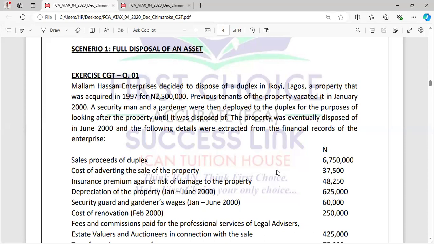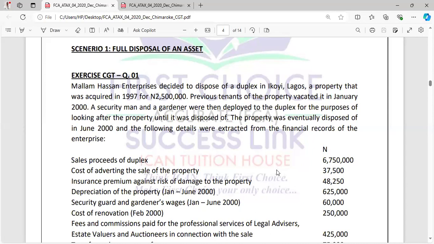So any insurance premium, take note, is not an allowable deduction. The same goes to depreciation. Depreciation since January to June is not an allowable deduction for capital gains tax.